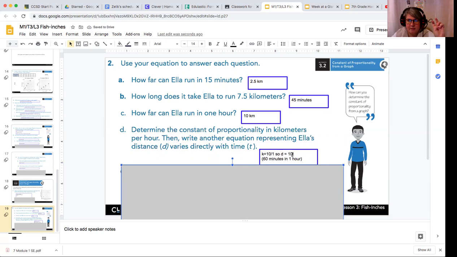So I would take the amount of time she travels by 10 to get the distance that she travels. Because remember that 1/6 is connected to 60. 1/6 of 60 is 10. So 60 minutes in an hour.